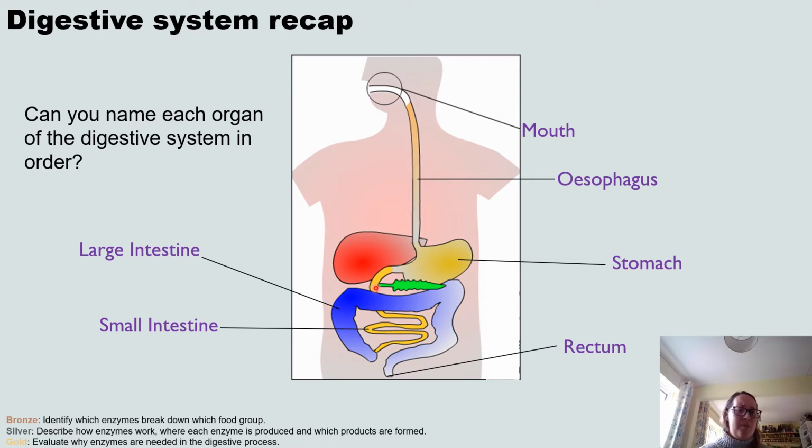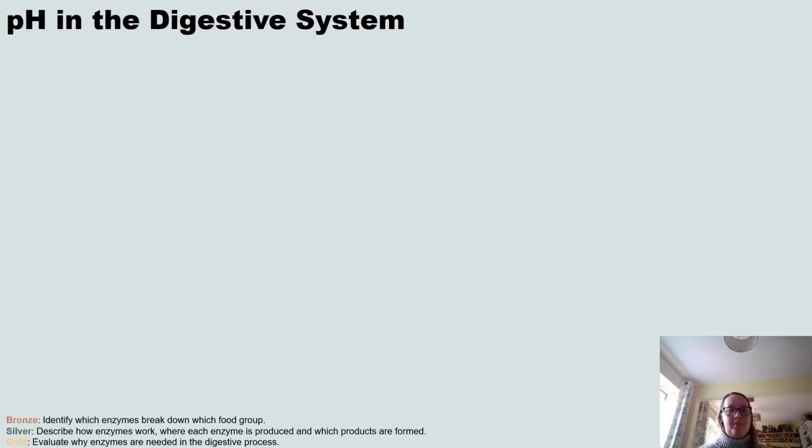So you've got the duodenum, which is the first bit that the food goes into, and then you've got the ileum, and then you've got the jejunum. You don't really need to know those words. You don't need to know jejunum, but you should be aware of duodenum and the ileum. The ileum is where most absorption happens of the useful products from our food.